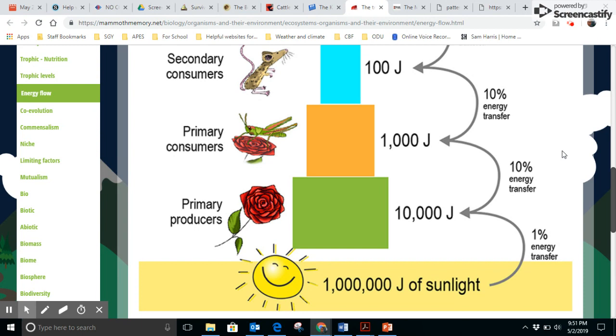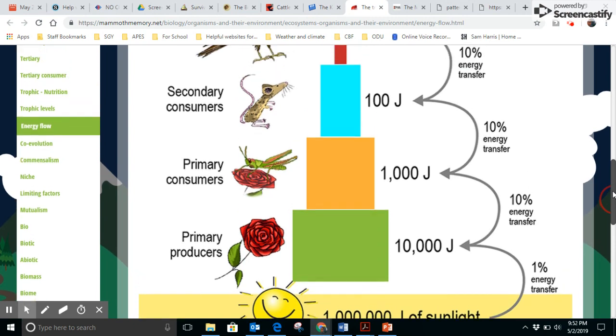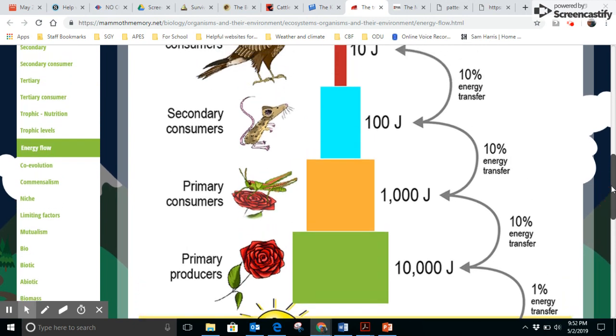And so here we have a nice wide base, and we're looking at the energy as it transfers up. And what's important for you to notice is that 10% energy, once the sun gets into the plant and we have primary production because of photosynthesis, once that's through, every other level has 10% energy transfer.